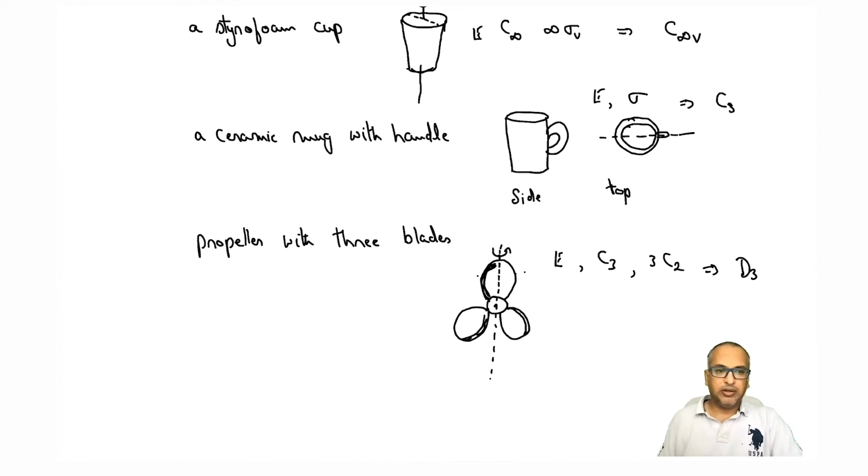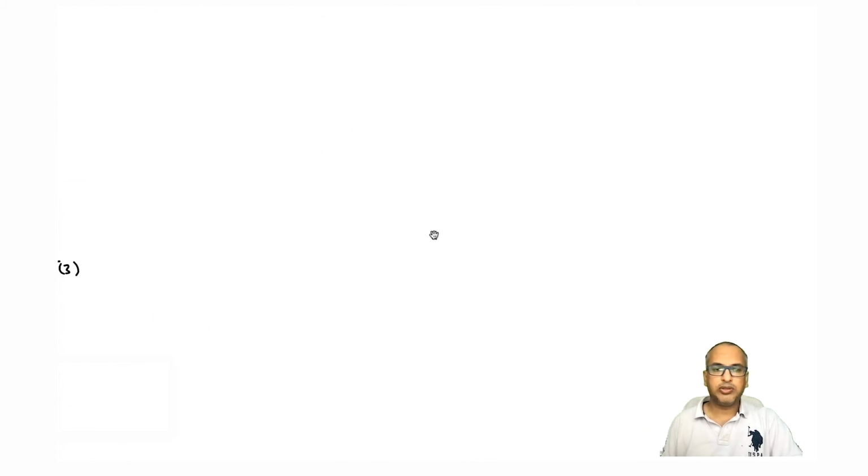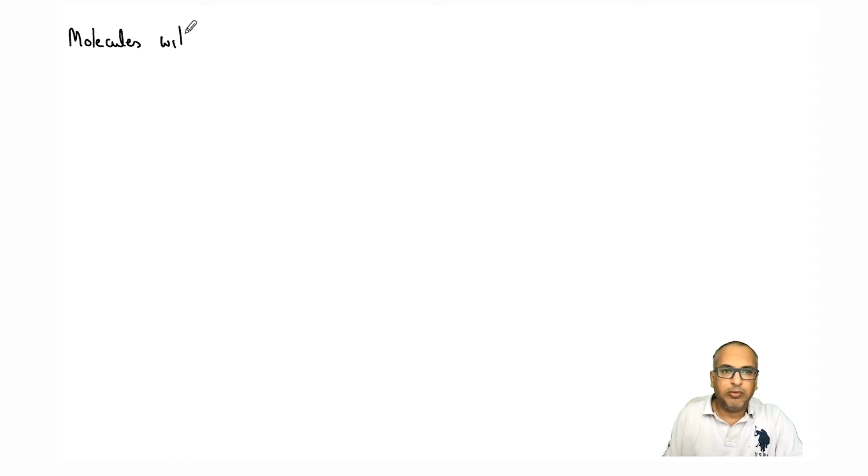So now this is for 2D and 3D objects. Let us now look at some molecules also, and let's see what happens if we distort these molecules. Regular geometry we all understand by now, right? But what happens if we distort these molecules, how does the point group change? So we'll be looking at molecules with distorted geometries.